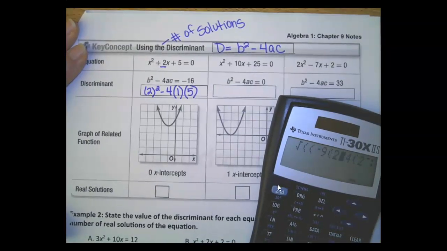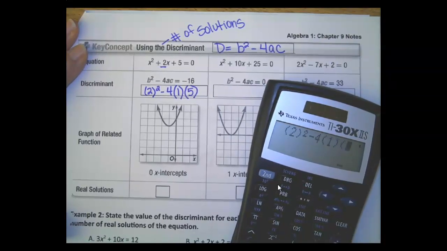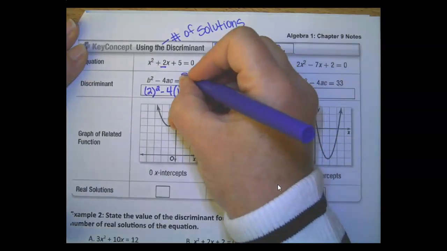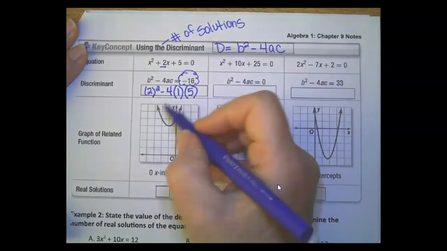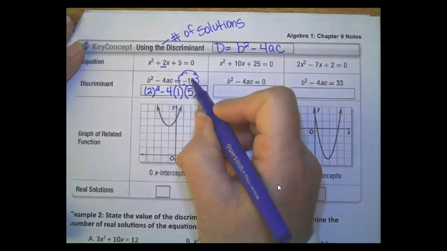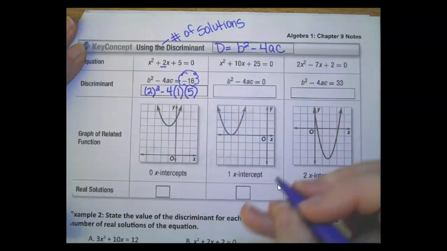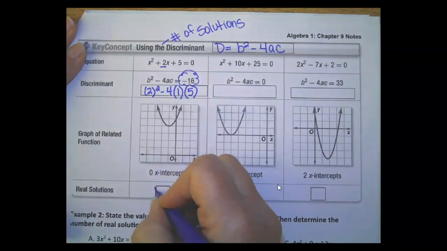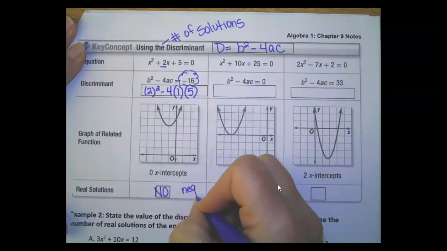It's good practice. 2 squared minus 4 times 1 times 5 gives us negative 16. So if you end up with a negative, you end up with no real solutions.